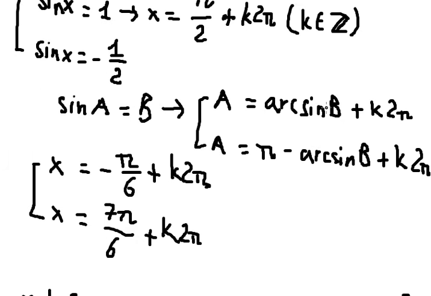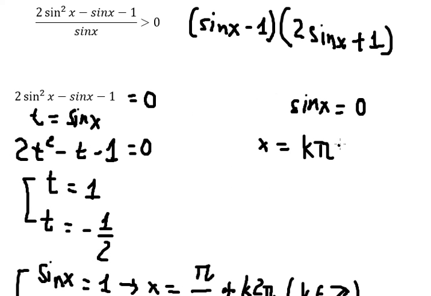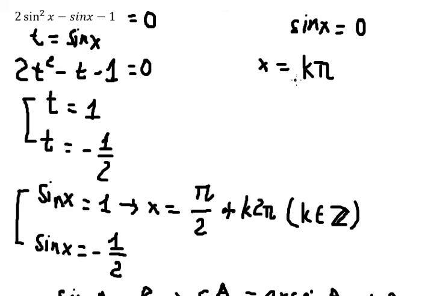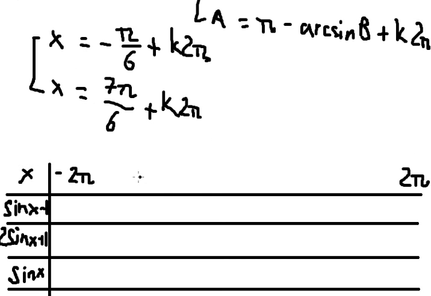So we put all the solutions in here. First, x equals kπ. When k equals negative 1, it goes here, 0 goes here, and π goes here.